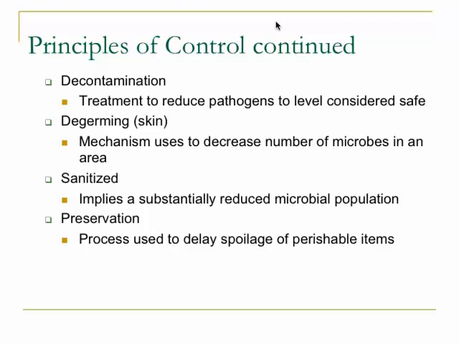Eventually, the milk or the juice or the cheese or whatever's being pasteurized will spoil. And there are other means that we use, like reduction in temperature, to extend that shelf life and slow the spoilage. But it's not a measurable, set amount of reduction. The same thing with these other means of control. They're not a reproducible reduction in pathogens, but they reduce the pathogens to the level that's considered safe.